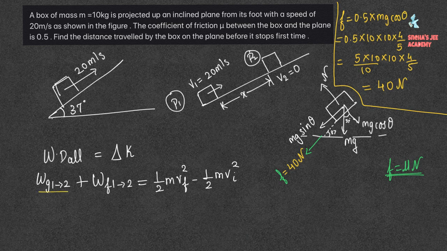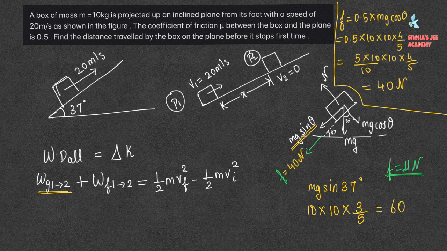So what is the work done by gravity? As the block is moving along the inclined plane, we take the gravitational force to be mg sin theta, which is a component of mg. With theta equal to 37 degrees, it is mass into g, which we can consider to be 10, into sin theta, which is 3 upon 5, which gives 60.